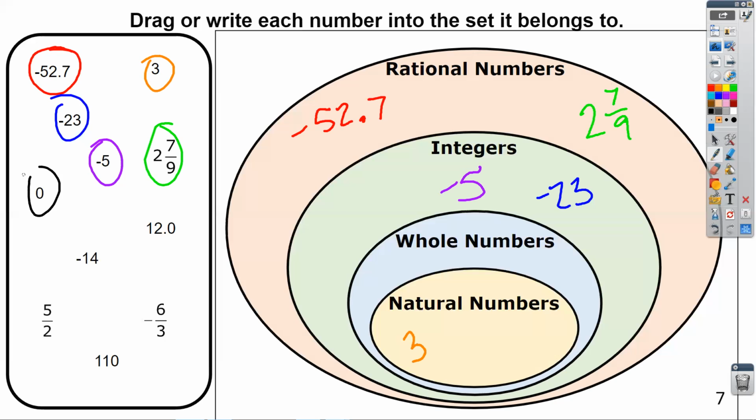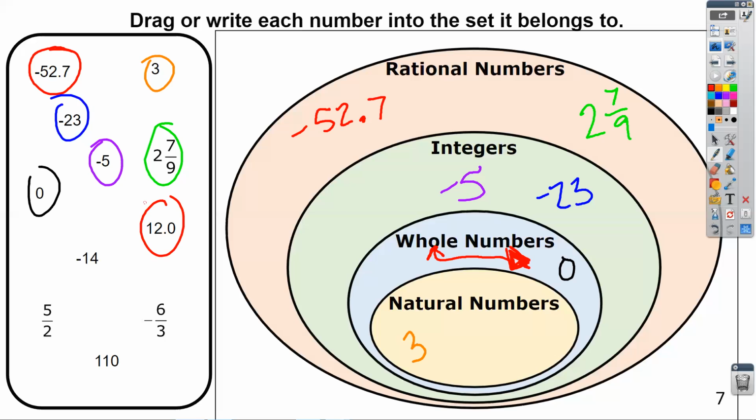What about 0? Whole numbers. Here's a little trick to remember that it's a whole number. Do you see the 0 in that word whole? Whole numbers. You should see the 0 inside that word whole. All right, 12.0.